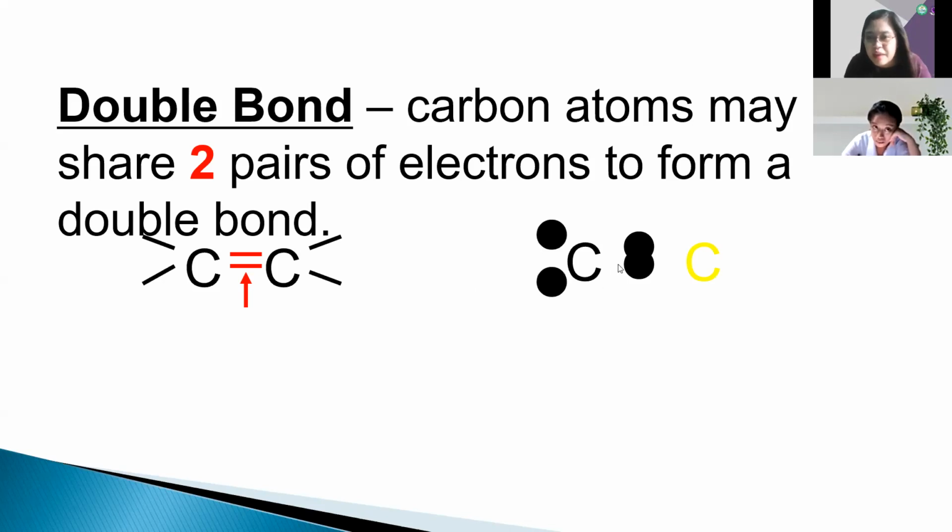And then, ang mangyayari, itong carbon on the left will share 2 electrons, while the carbon on the right will also share 2 electrons. That is why a double bond will be formed. So ganyan yung mangyayari. Now the remaining 2 electrons here can be bonded to other elements or atoms, and most of the time it will be hydrogen.